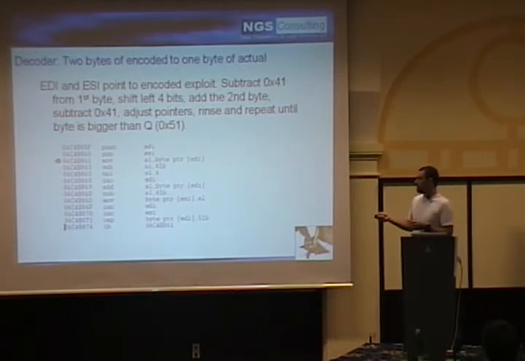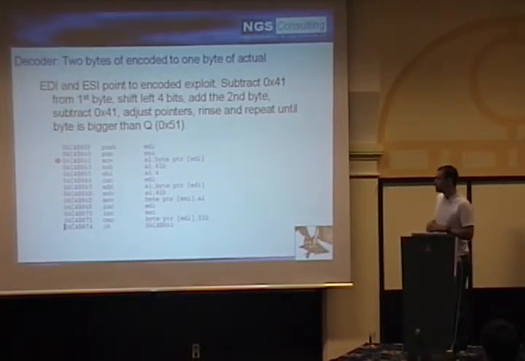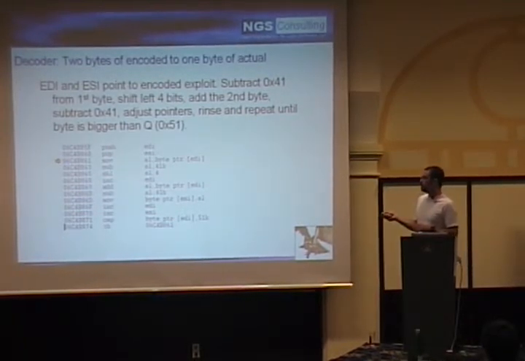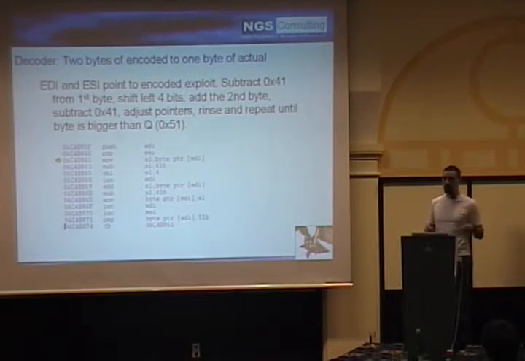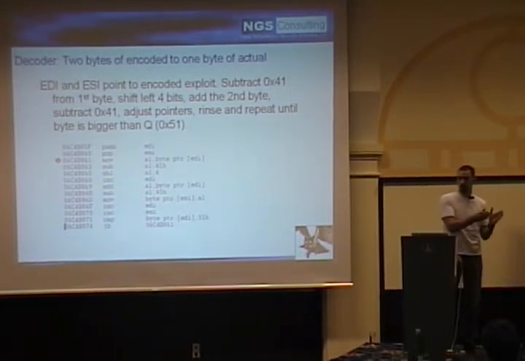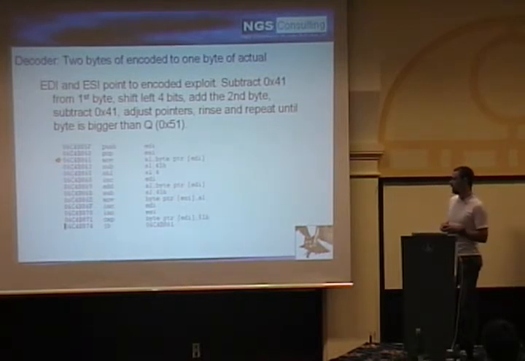We set ESI and EDI to point to the beginning of the encoded exploit, move the byte into the AL register, subtract 0x41 from it, shift it left 4 bits, and then increment the pointer to the next byte in the list, add that to the AL register, subtract 0x41, and eventually we're left with our original byte of actual exploit code in AL, which is then written to ESI.